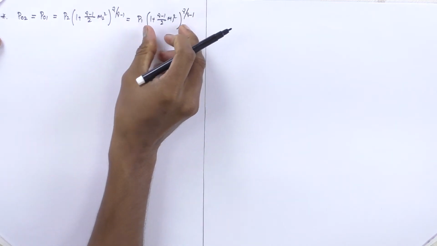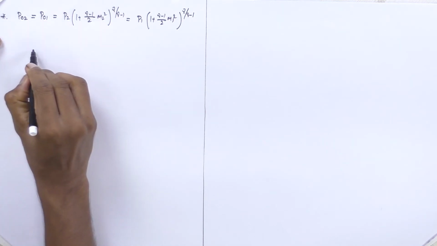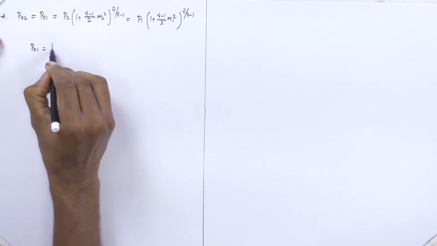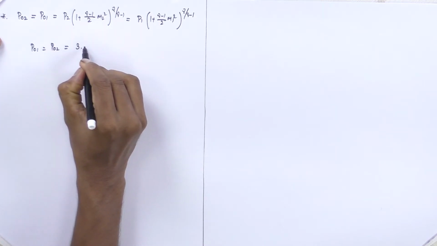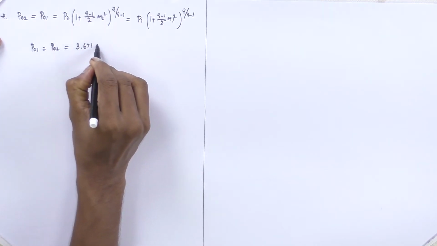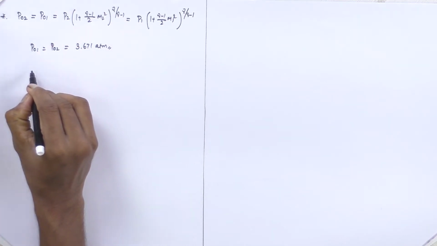Using this, we can calculate P02 and P01, both are the same, and after the calculation we get this value as 3.671 atmospheric pressure.